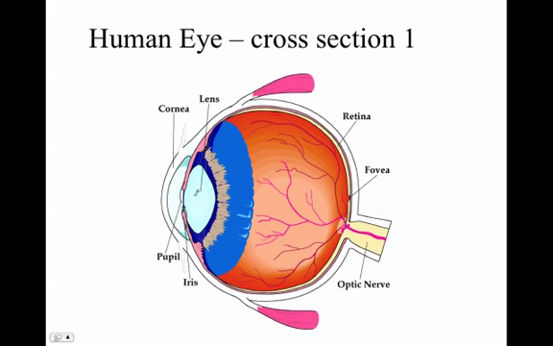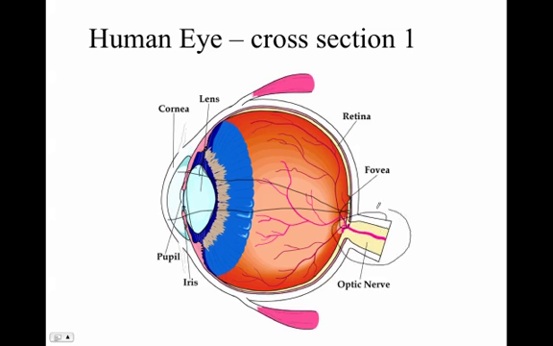Then here's your big lens, and as you can see, it's got a curvature to it, so we would call it a convex lens, or converging, so it converges light or an image to the back of the eye. So your lens has muscles attached to it to help change its shape depending on how far or near we're looking at objects.